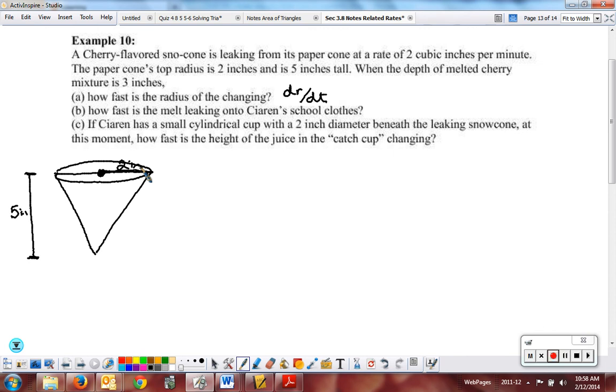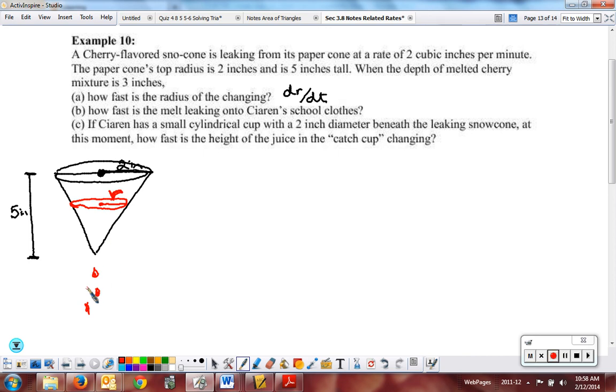Okay, we are looking at the melted cherry mixture. This is where I have to have my variables, because that's what's changing, right? The little cherry mixture inside is leaking out the bottom. There's little drops down here. So we must have this little cherry mixture inside here. Now, where am I putting my variable? Is it okay to put an R there? Is that changing?